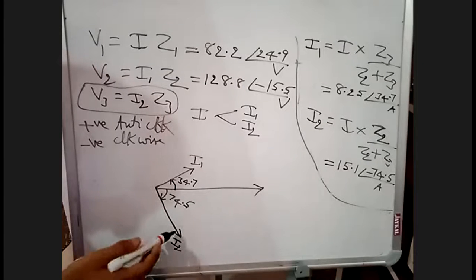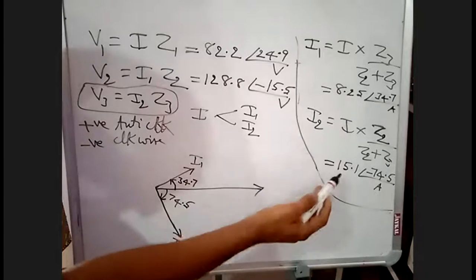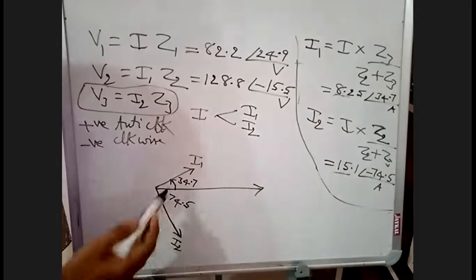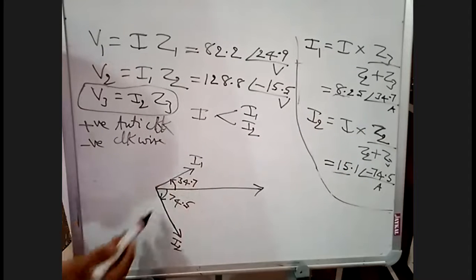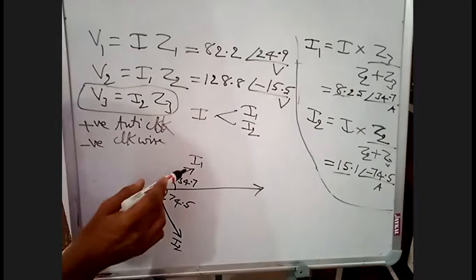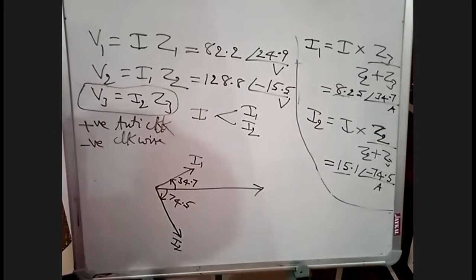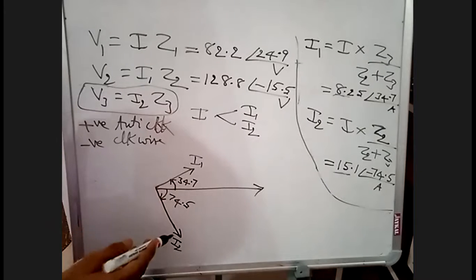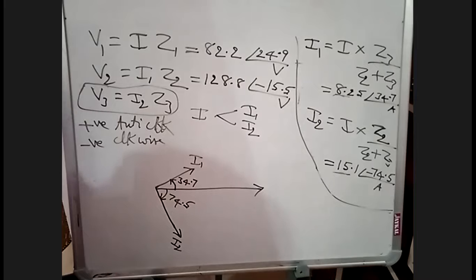The magnitude of I2 is 15.1, and I1 is 8.25. So I have taken a bigger line for I2 and a smaller line for I1, almost double. I1 line length is less than I2.